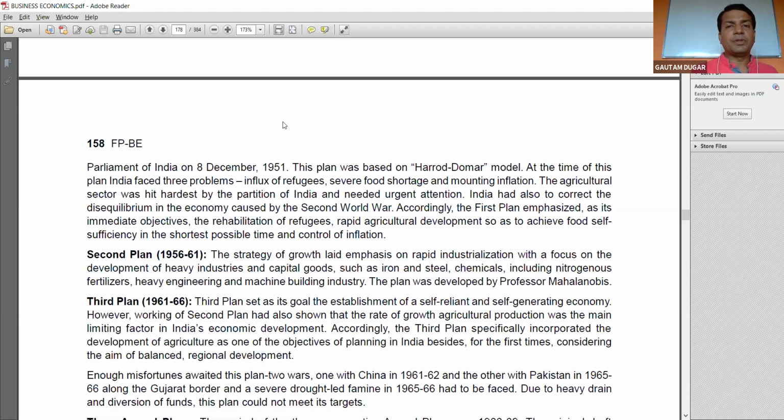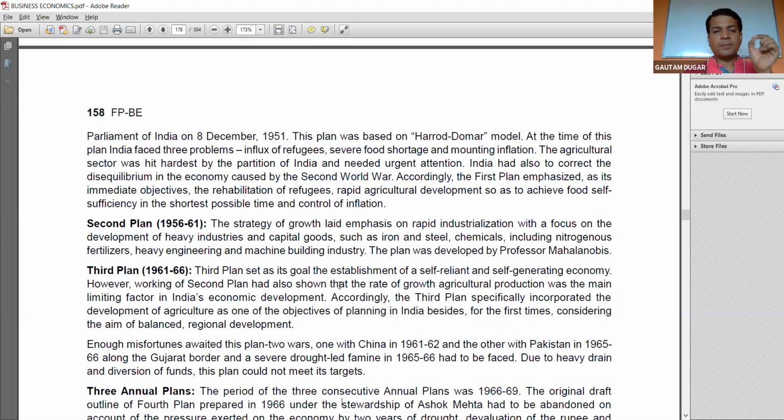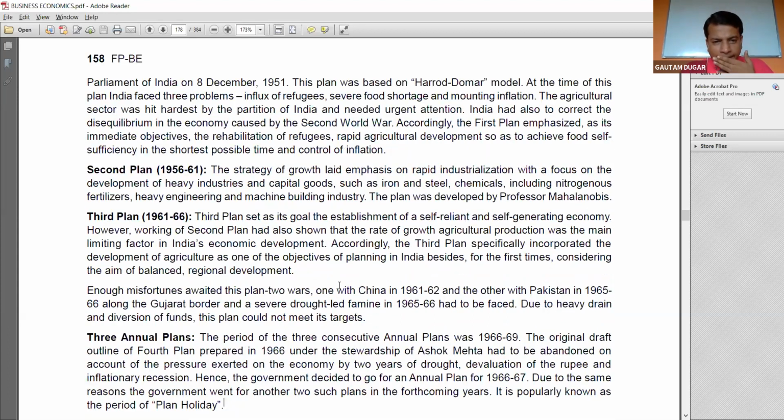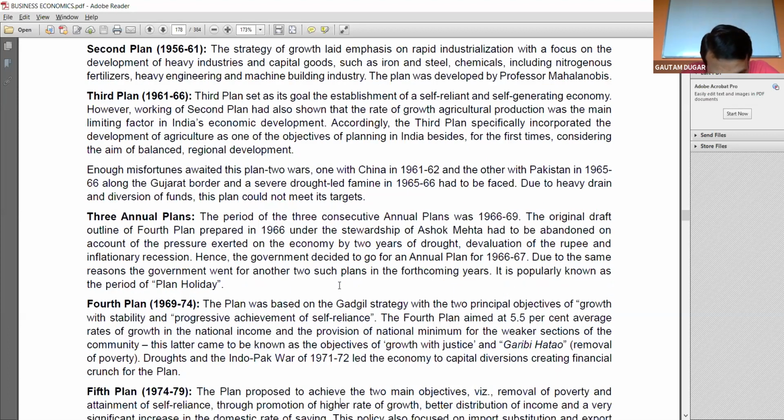Many heavy and capital goods industries were established in India during this phase. All are not required, but at least certain points from certain plans are required. The fourth plan was based on the Gadgil strategy, and basically it was a progressive achievement of self-reliance.